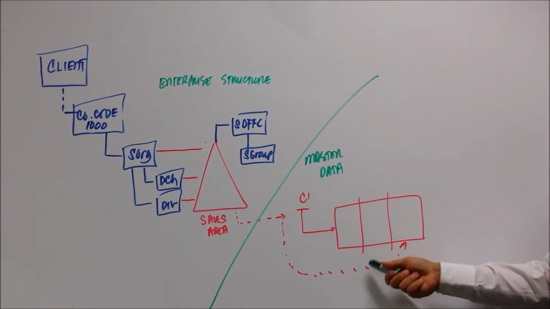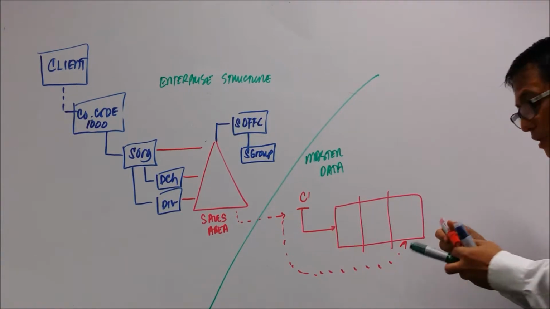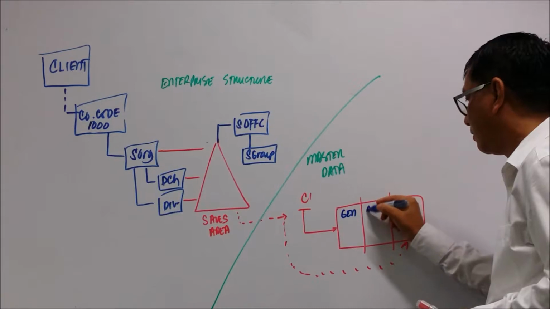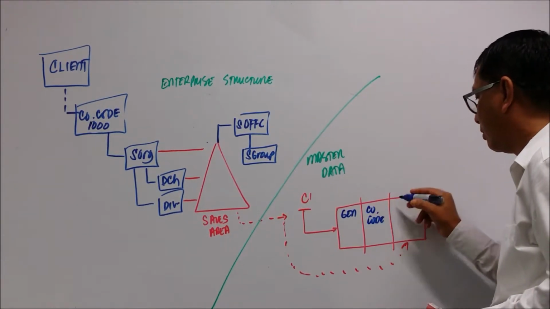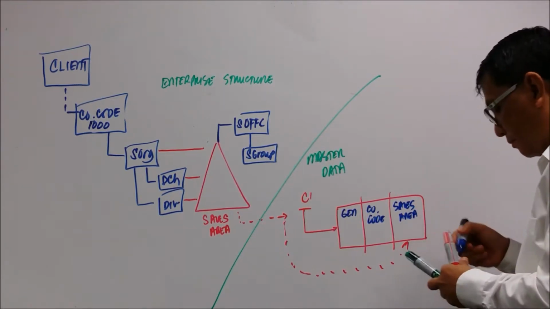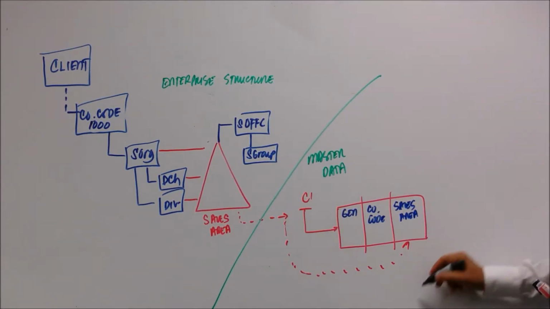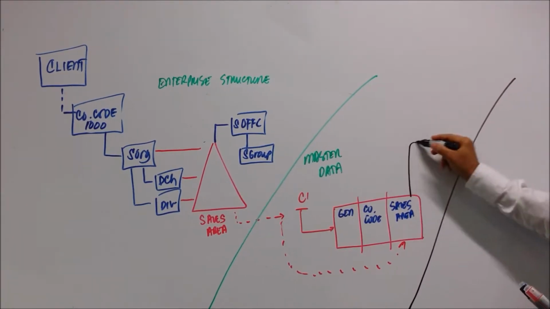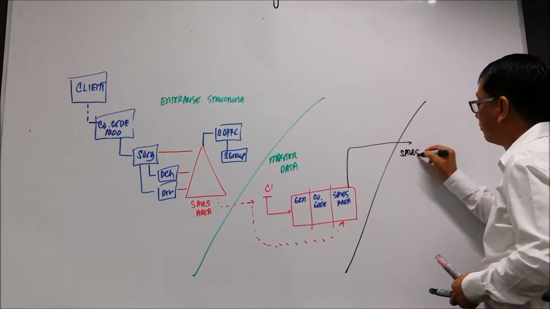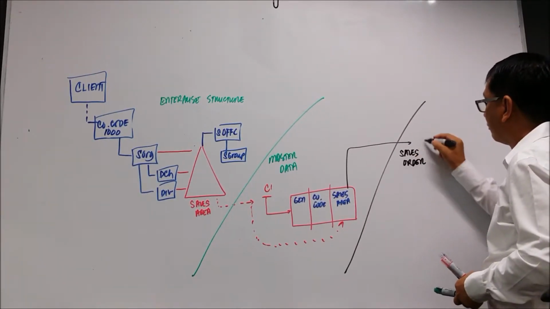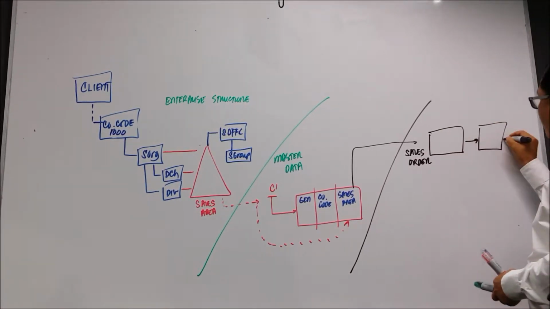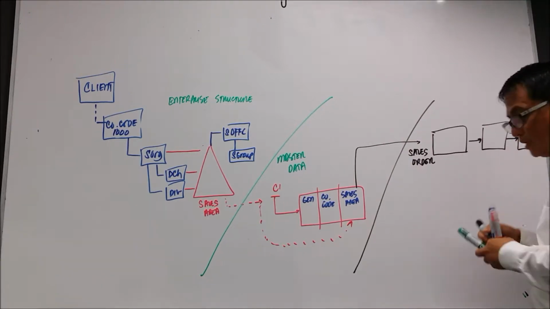Okay? Now, in here, this master data is composed of 3 parts. We have your general, we have your company code, we have your sales area data. This one now jumps into, from here, we create your order. From the sales order, we create a shipping document, we create a billing document.